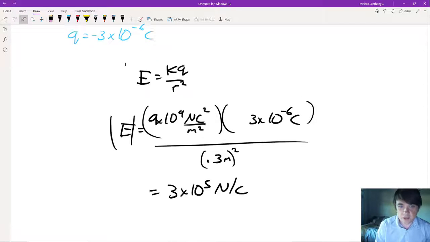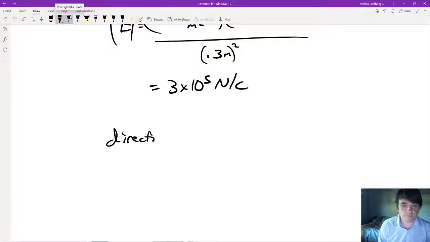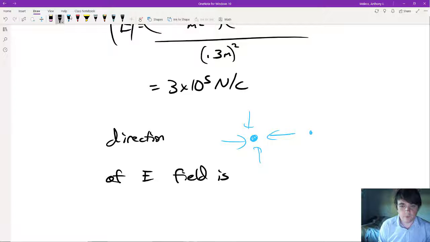Now, the direction, because it's a negative charge, will be inward. So direction, right? If you were to draw this charge, it has an electric field that's all pointing inward. Because it's to the right, it would be over here, so it would be to the left. So direction of E field is to the left at P. Okay?